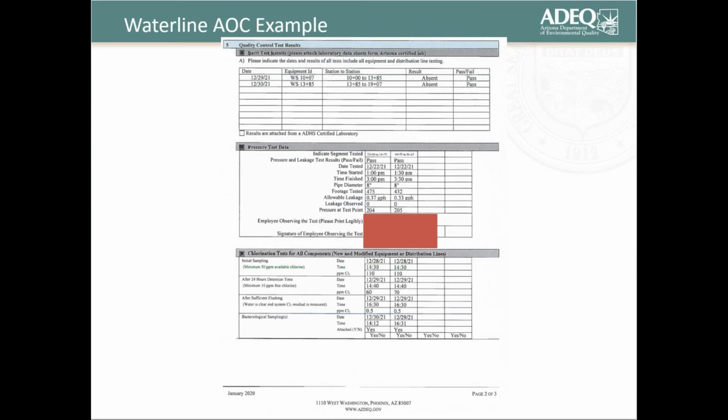Depending on the type of component, ADEQ will issue a monitoring plan and make the appropriate updates of the water component installed. Once that AOC application is received, then that water facility can be used and put into operation.